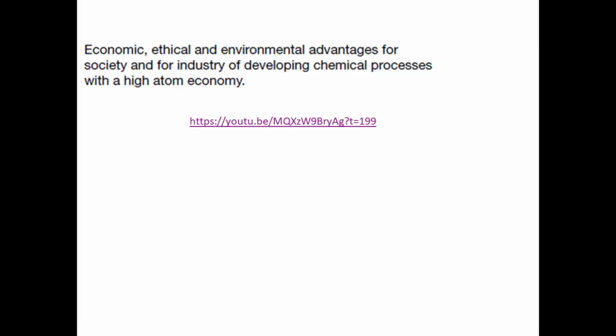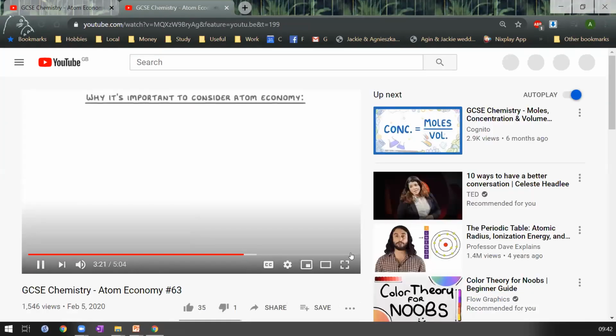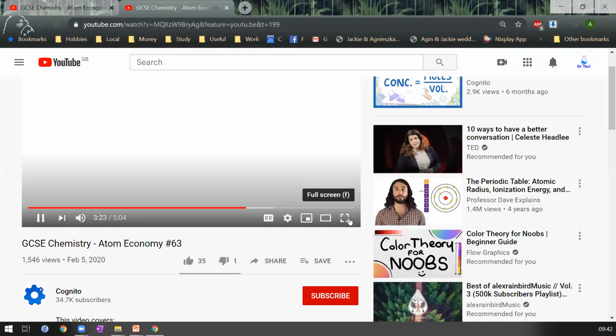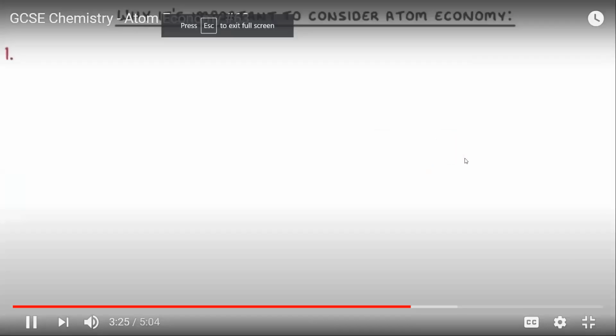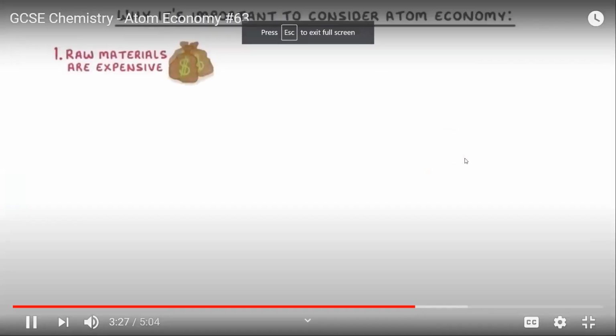One more point that they want you to consider in the specification is the economic, ethical and environmental advantages for society and for industry of developing chemical processes with high atom economy. I mentioned that a little bit, but let's look at that in more detail. Next, we need to cover the main reasons why it's important to consider atom economy. Number one is that raw materials are expensive.